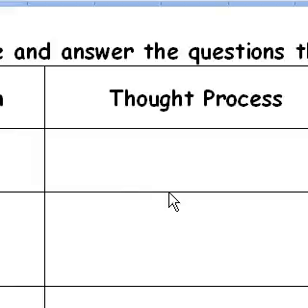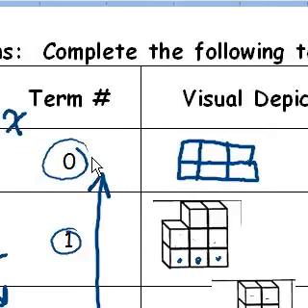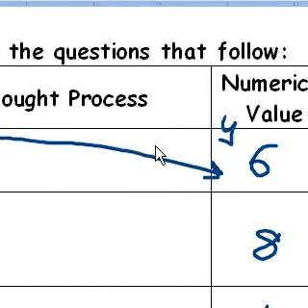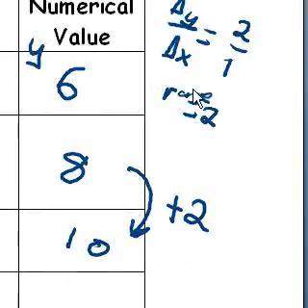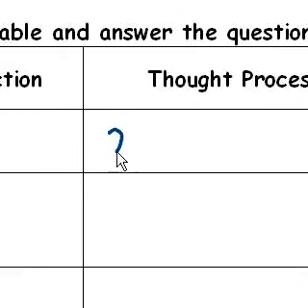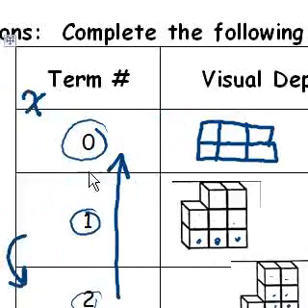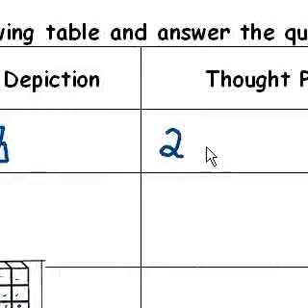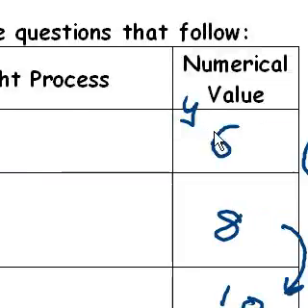6 bricks. And so our thought process is, how did we get from 0 to 6? What did we do? Well, according to our rate, we multiplied our term number, which I'm representing as x, by 2, and then we add 6.